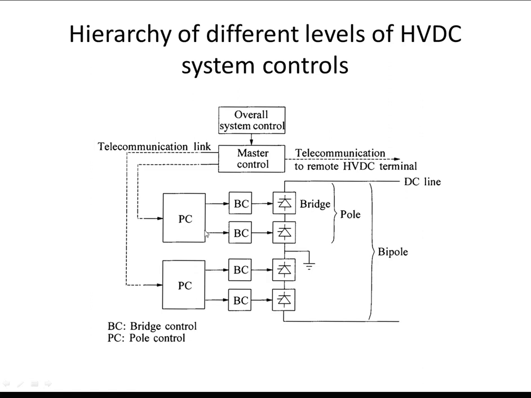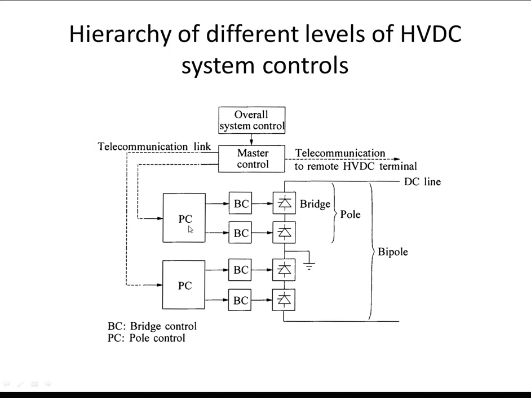Pole control coordinates the control of the bridges in the pole and the conversion of the current order to a firing angle order. Tap changer control and certain protection sequences are also handled by the pole control. Whatever the current order, protection system or tap changer control signal is given to the bridge control, all of that signal is given by the pole control actions.